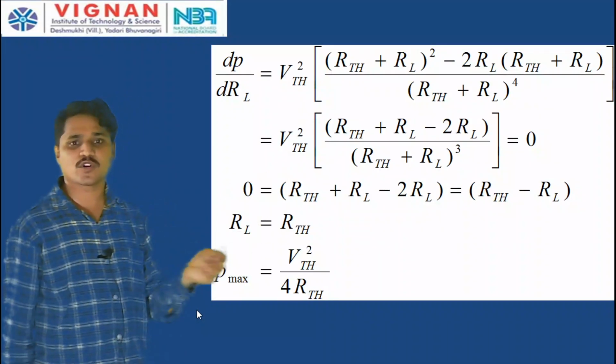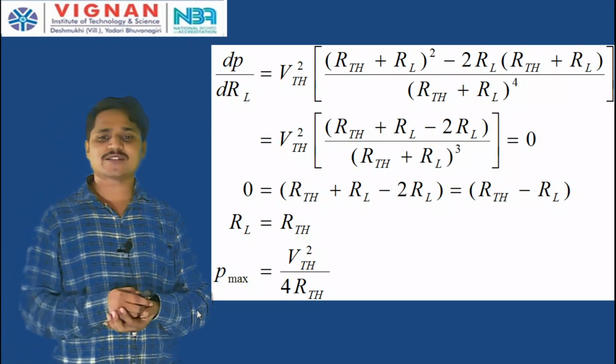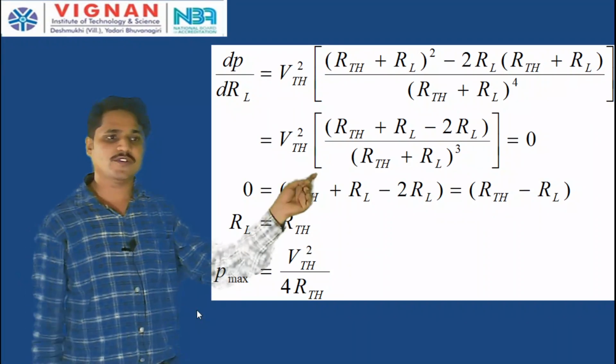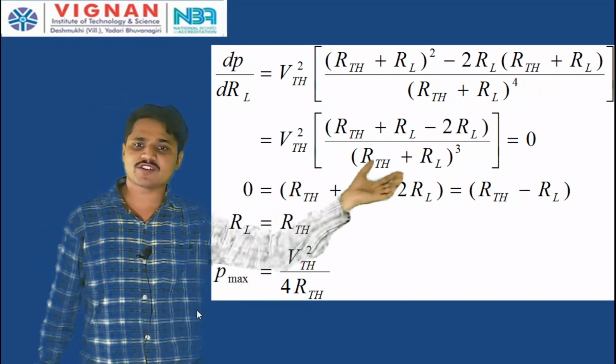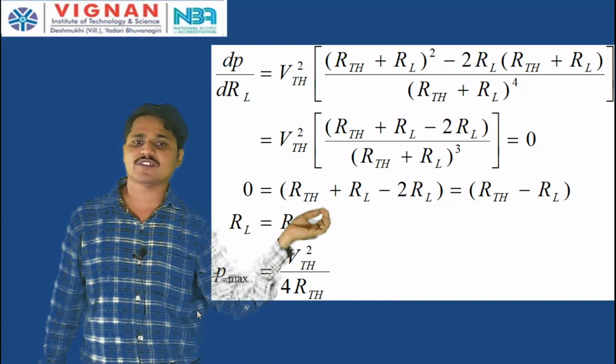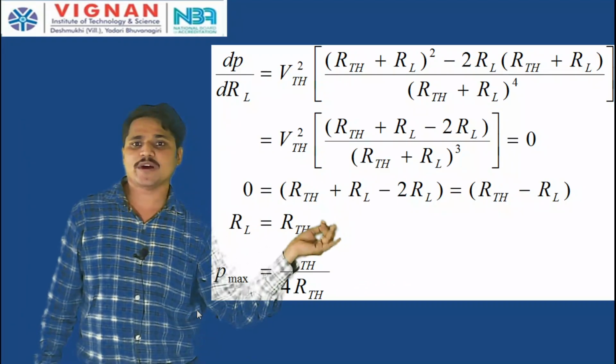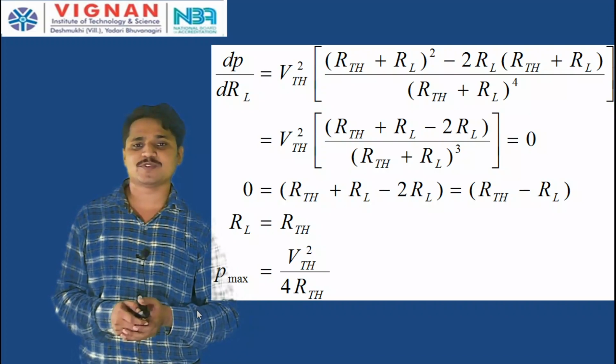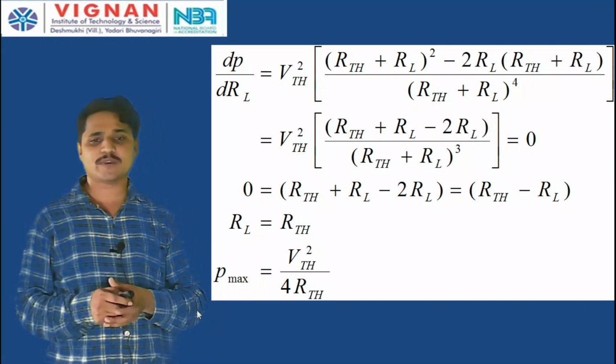Now, in order to get the maximum or minimum condition, you differentiate the equation and equate it to 0. So, equate this entire equation to 0. Expand (R Thevenin plus RL) whole square using the A plus B whole square formula: A square plus B square plus 2AB.